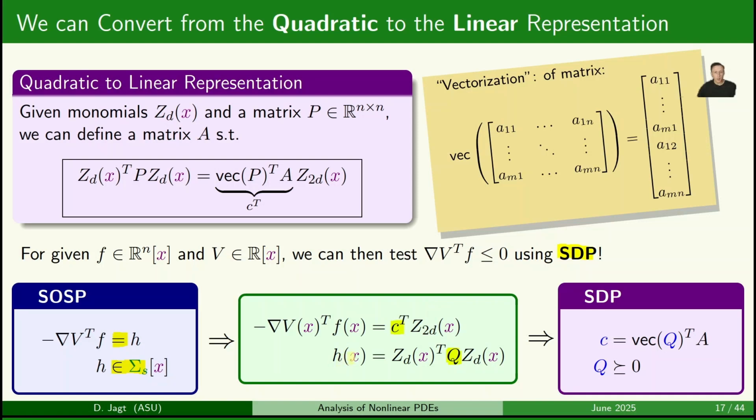And then to enforce positivity of h, we enforce positivity of our decision variable Q here, this matrix Q. And then to enforce equality of these polynomials, we enforce equality of the coefficients defining them in the linear representation. So in this manner, we can formulate our SOS program as a semi-definite program, which we can then solve numerically.